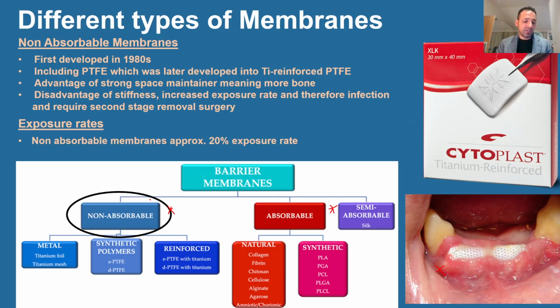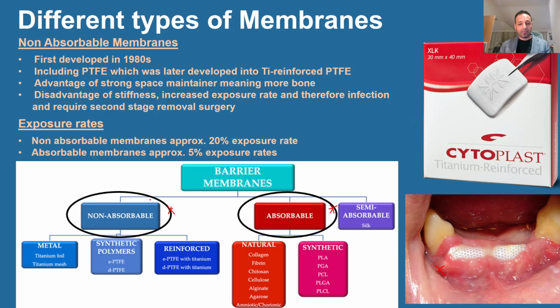Generally speaking, non-absorbable membranes have about a 20% exposure rate, and absorbable membranes only have a 5% exposure rate. So PTFE generally around a 20% exposure rate. Titanium, either within the PTFE or as a scaffold, there are titanium scaffolds, and the 20% exposure rate is the norm. Absorbable membranes, we can reduce that down to 5 out of 100.